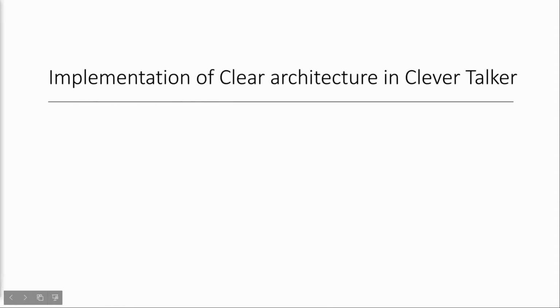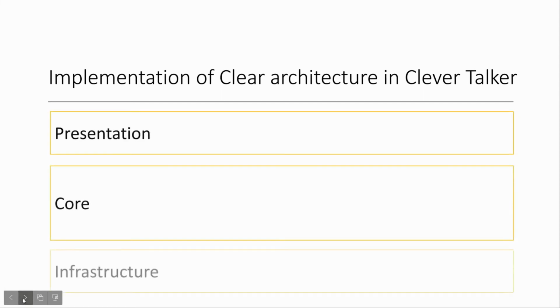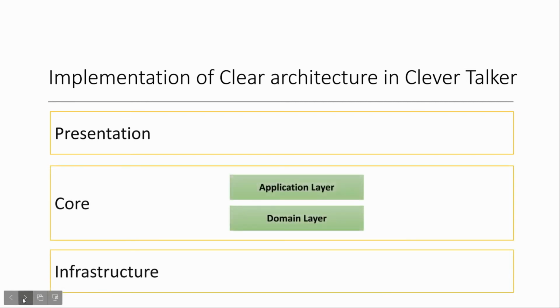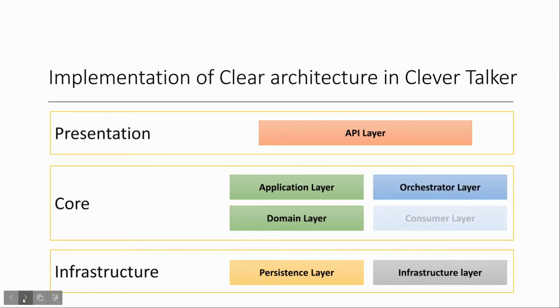CleverTalker microservice is divided into three sections known as presentation, core, and infrastructure. The core contains the domain and application layer. Infrastructure and persistent layer comes in infrastructure, and the application layer comes in presentation. To implement Saga, I have added two more layers, orchestrator and consumer, in the core.